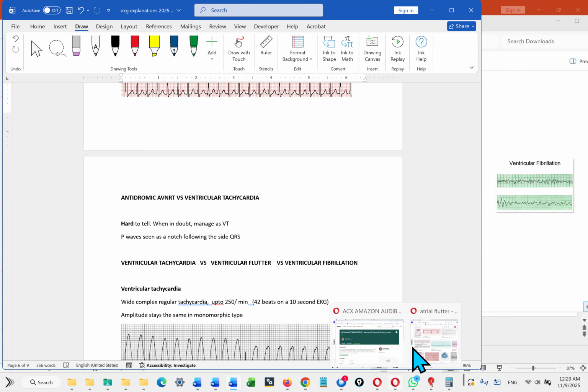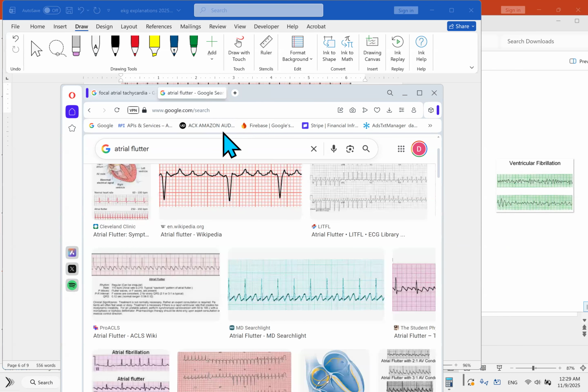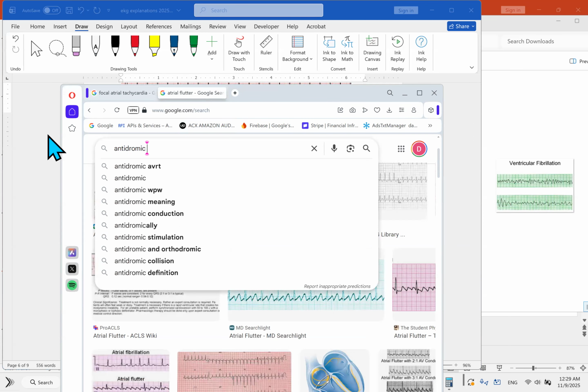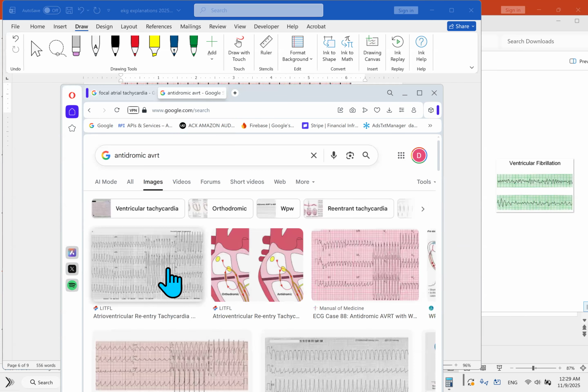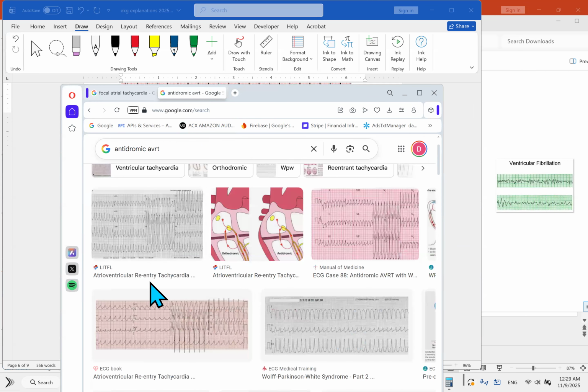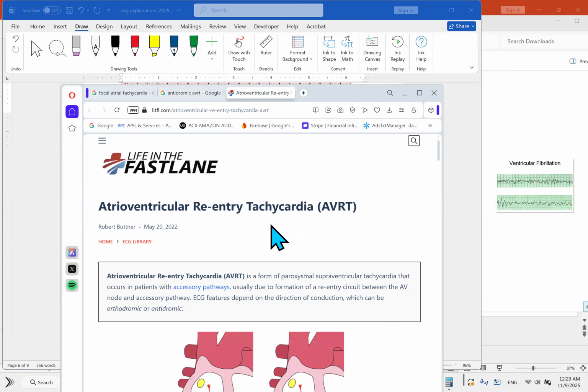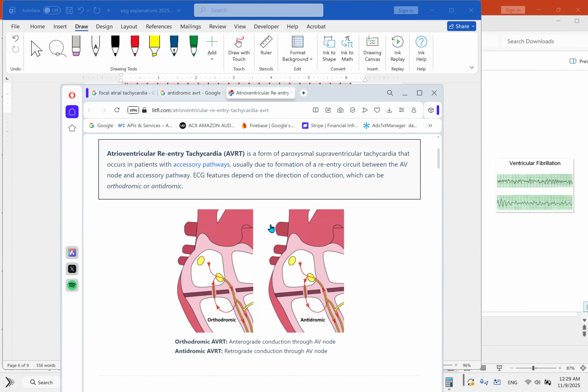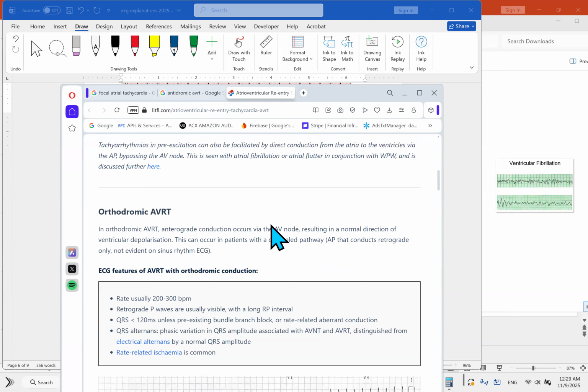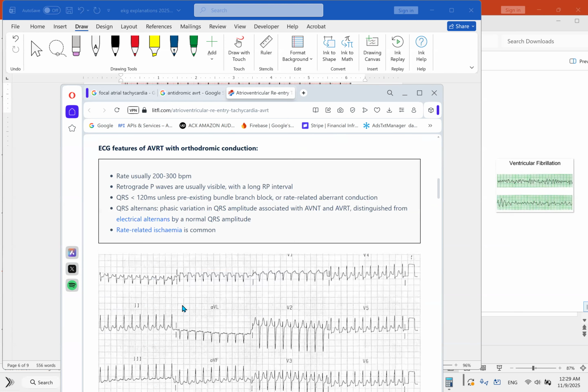So let's see. Okay, this is orthodromic, narrow complex, so that you won't mistake for ventricular tachycardia.